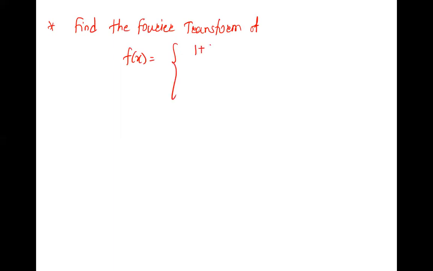Write the question. Find the Fourier transform of f of x equal to 1 plus x upon a from minus a to 0, 1 minus x upon a from 0 to a, and 0 otherwise.